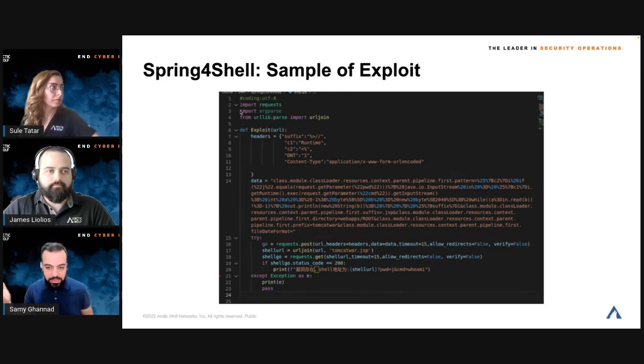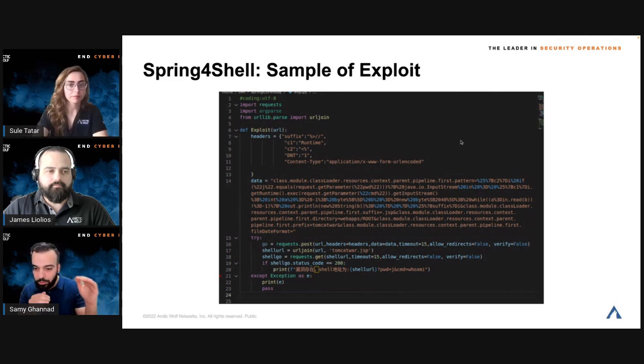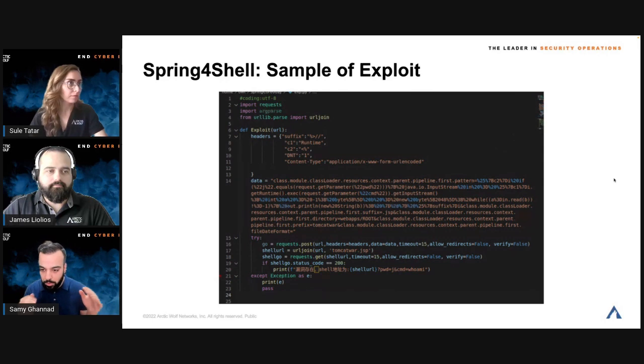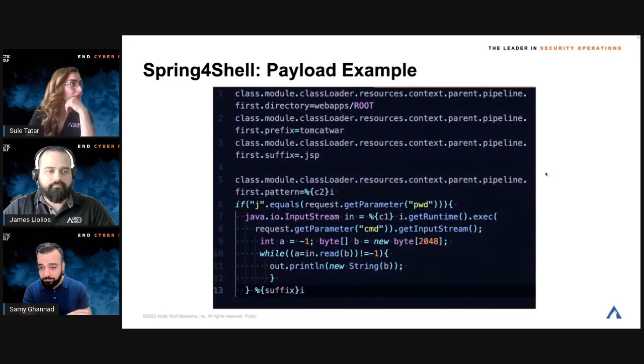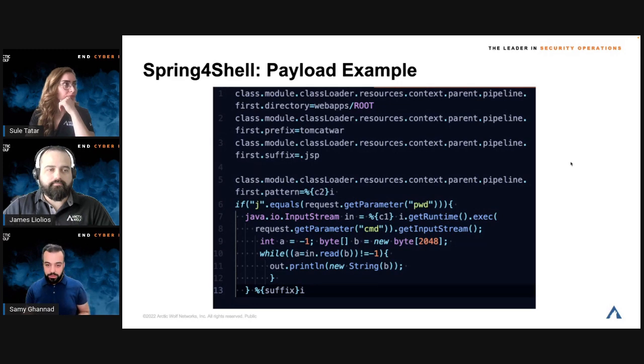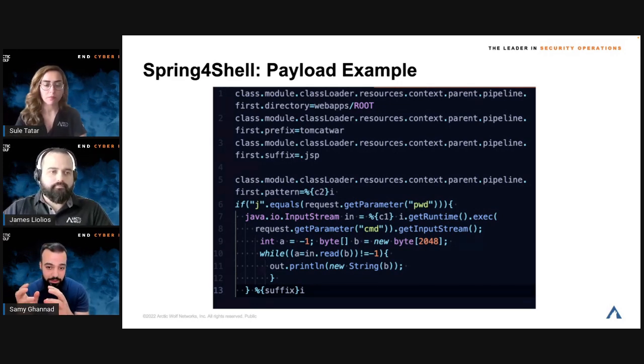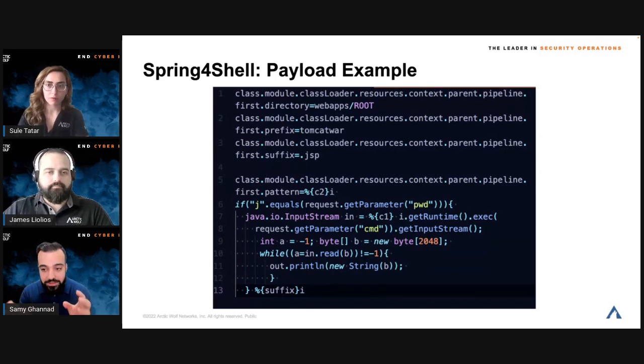The rest is just sending two HTTP requests. So let's break down line 14 and understand what's happening there. Can we go to the next slide, please? If you break that down, and I moved it around a little bit to make more sense, what this payload is doing is exploiting this vulnerability to reconfigure the access log valve object in Tomcat.